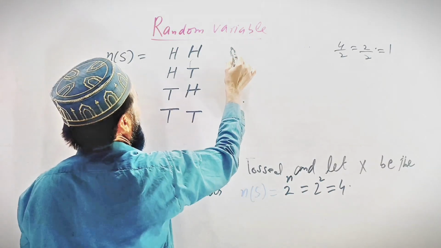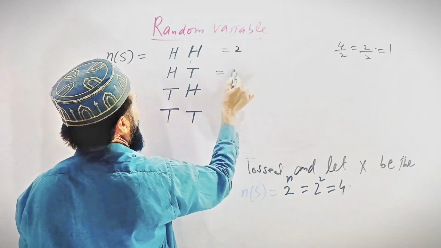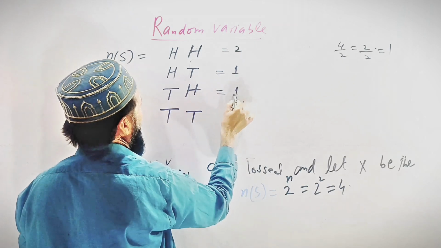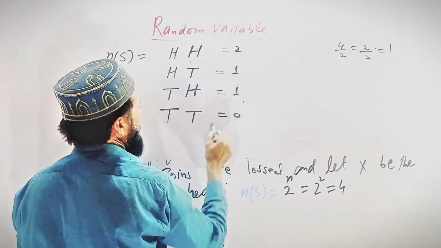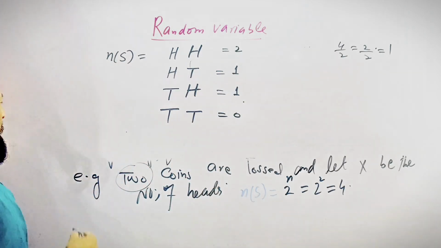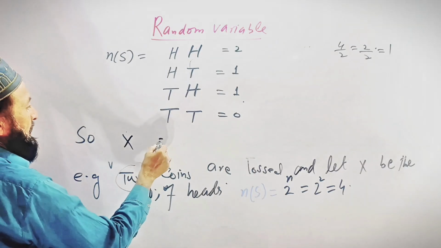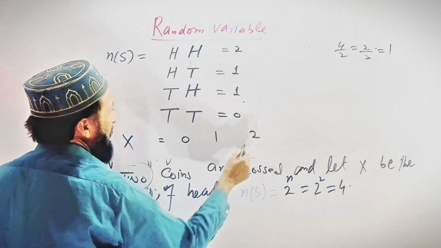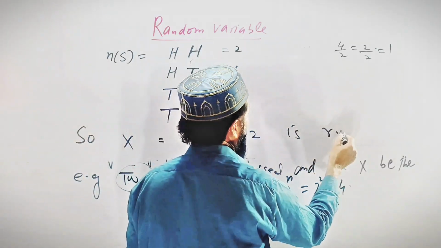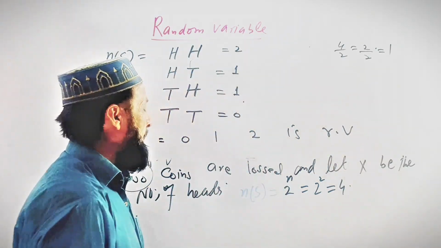Now look here, there are 2 heads, and just 1 head, and here is just 1 head, and here is 0 heads. So we can say that here X is equal to 0, 1, 2, and this is called a random variable.